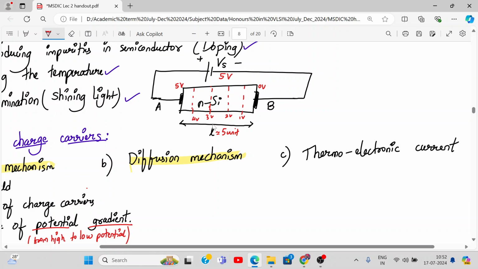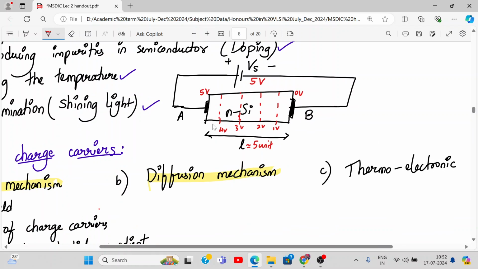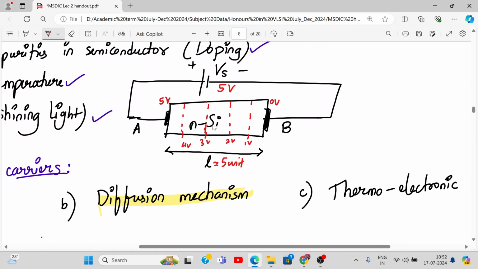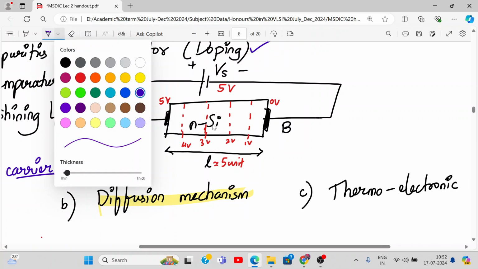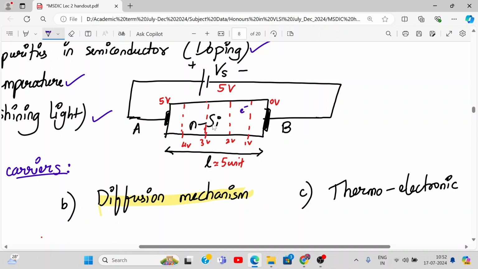Yes or no? So what happens is the electrons will be repelled by the negative part of the battery, right? These are all electrons over here. Where will they travel? Will they go towards the negative part of the battery? No, because like charges repel.